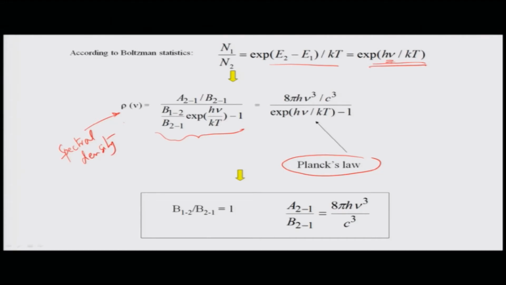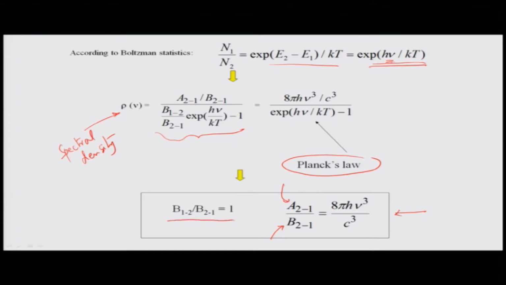So, by equating these, we can come to a situation where we have a ratio between the spontaneous emission and the stimulated emission. This is our spontaneous versus the stimulated. The ratio of the two can be found by using Planck's law, and this is the expression between the two.